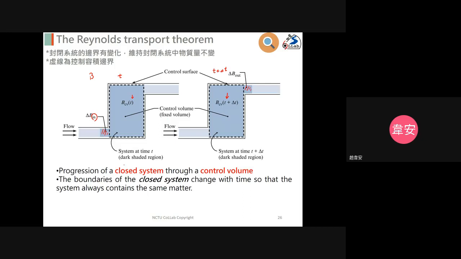The shaded area is our closed system's extensive property, and at delta T, the closed system's extensive property changes. The dashed line is the control surface, and inside the dashed line is our control volume. For this problem, we fix the volume.